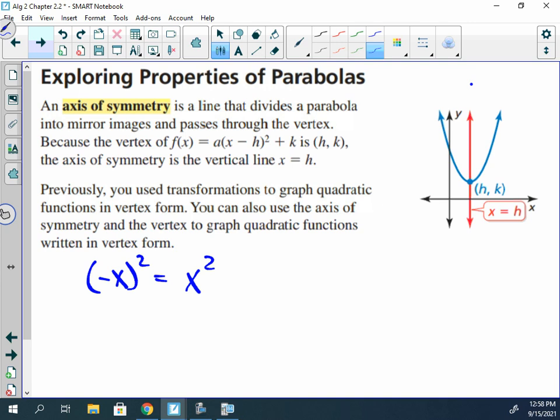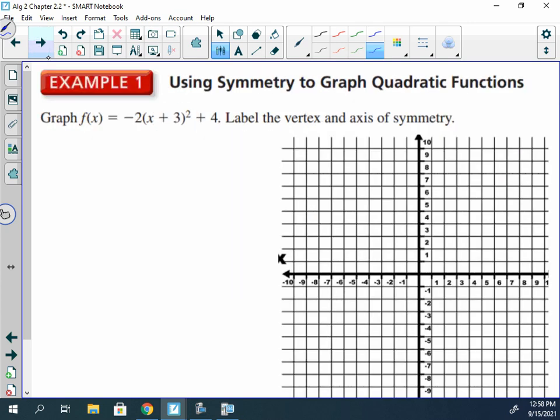Now, I'll write this up here, axis of symmetry.